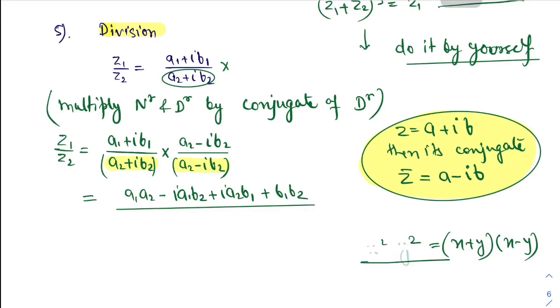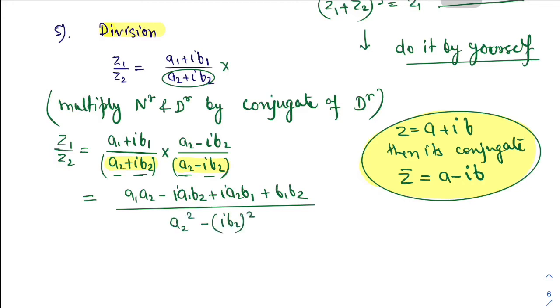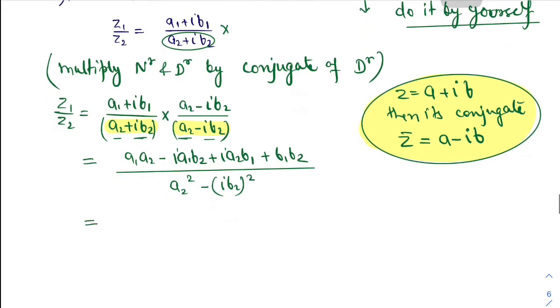I have just mentioned that we can apply all the algebraic identities in complex numbers also, okay? So consider this as x, this as y, so this is x plus y and this is x minus y, so it will be x square minus y square, okay?